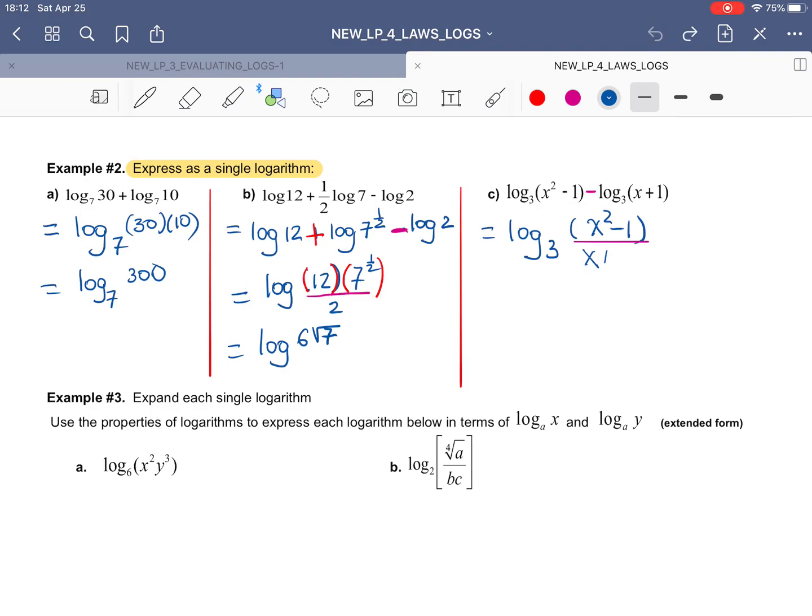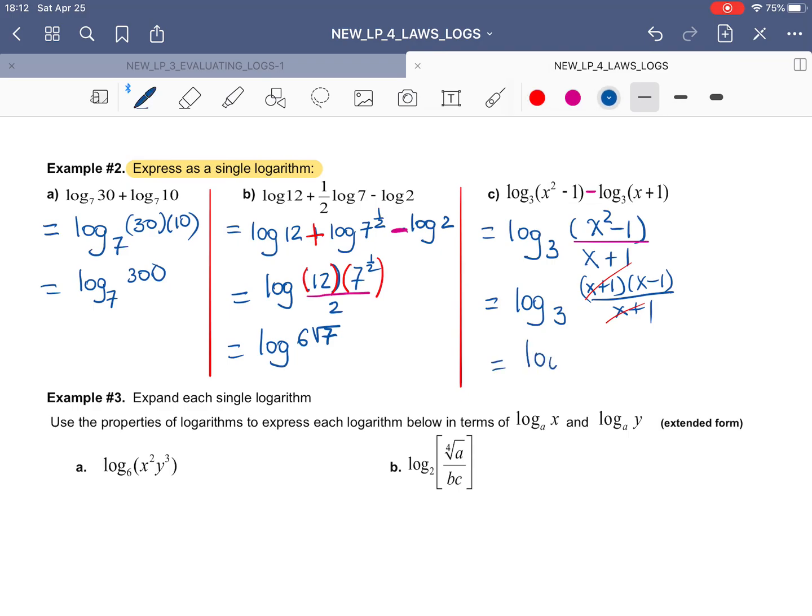X plus 1. Now we want to simplify here. And we're going to say that's log with base 3 of x plus 1 times x minus 1 over x plus 1. And you notice right away that you can simplify these two terms.